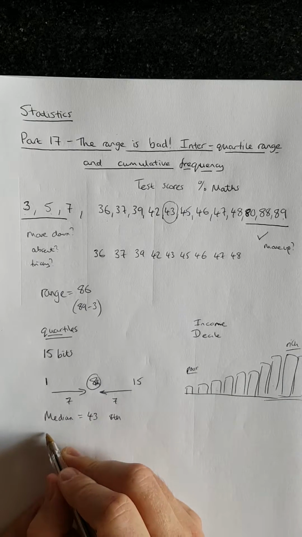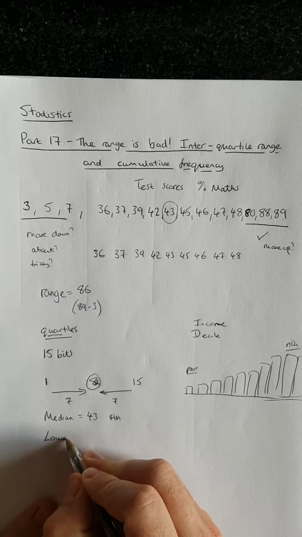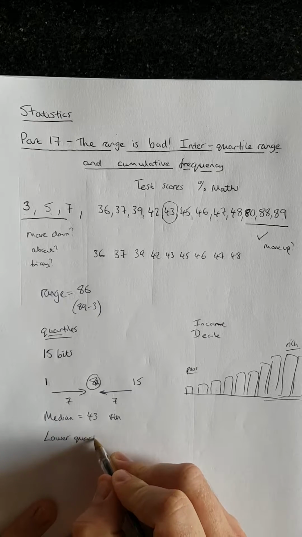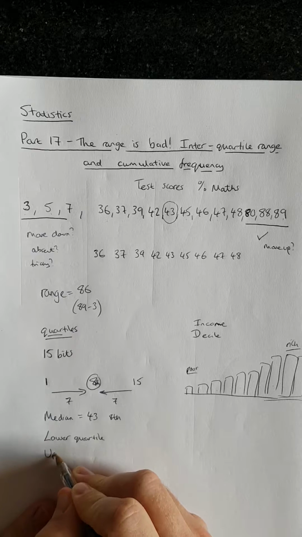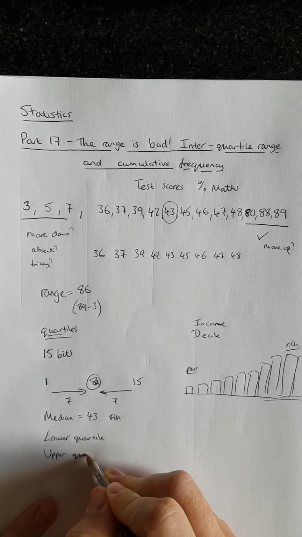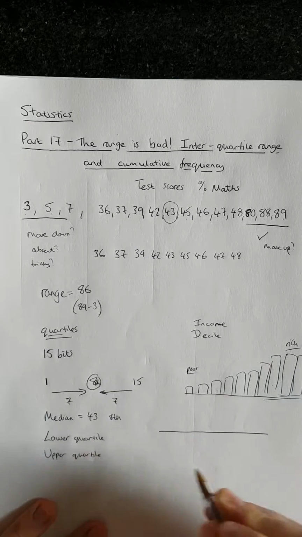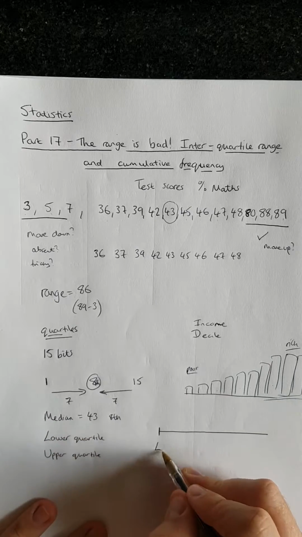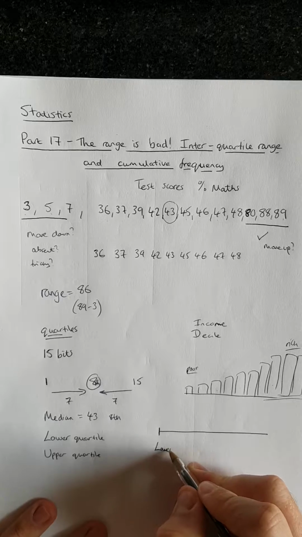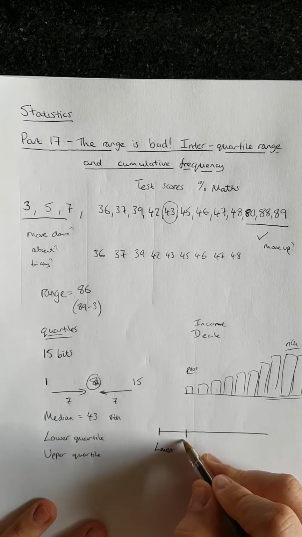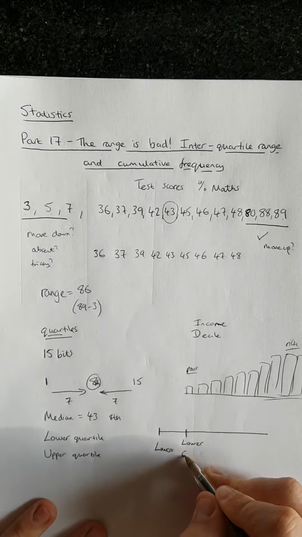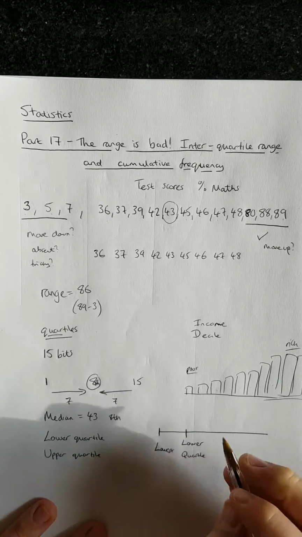Now, we're going to introduce the following terms: lower quartile and upper quartile. Now, here's a set of data. You'll have a lowest value. A quarter of the way in, you will have the lower quartile.